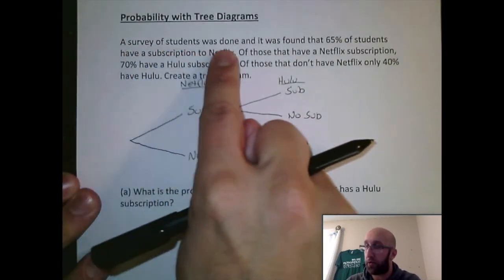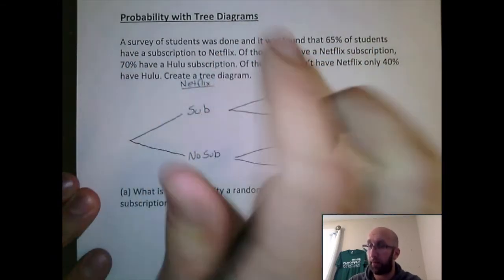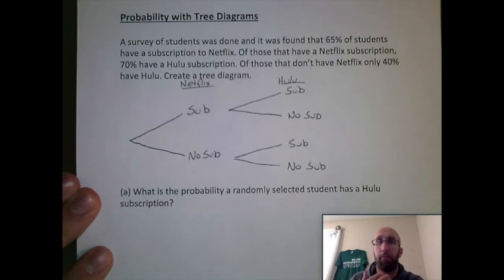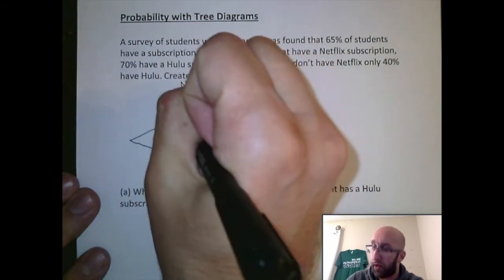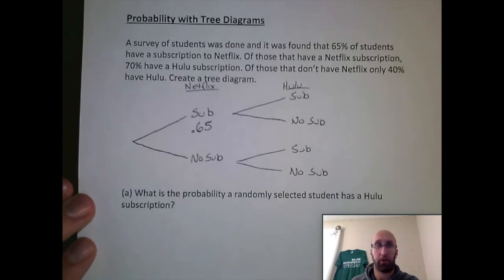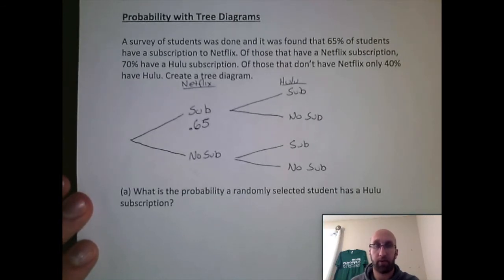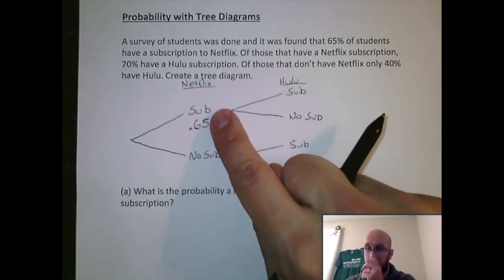A survey of students was done, and it was found that 65% of students have a subscription to Netflix. I like to work in decimals and not percentages. So 0.65 should go under sub for Netflix. But again, those rules of probability, these are the only two outcomes under Netflix.